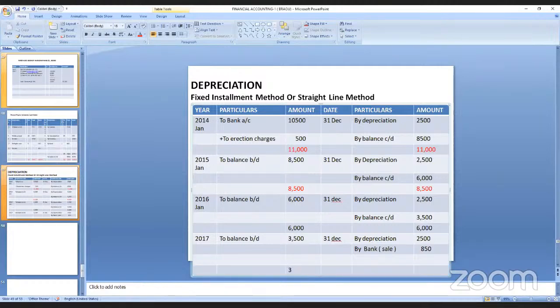It should be 3,500. So here also you must get 3,500. So what is the balance remaining here?